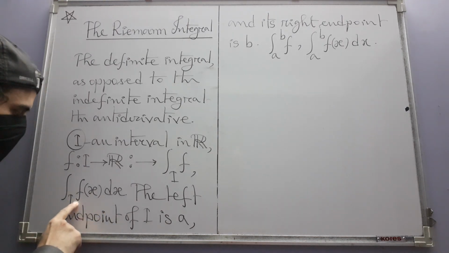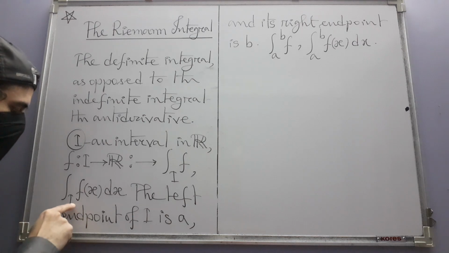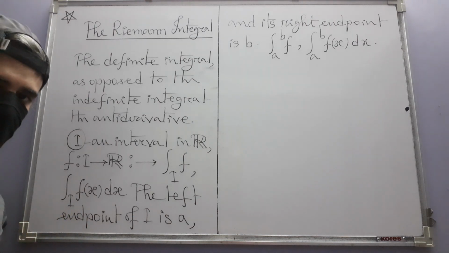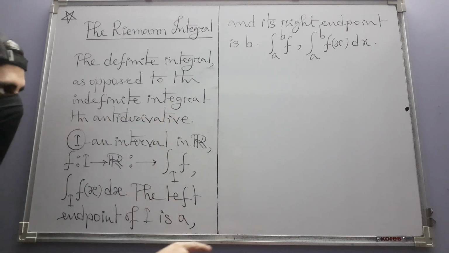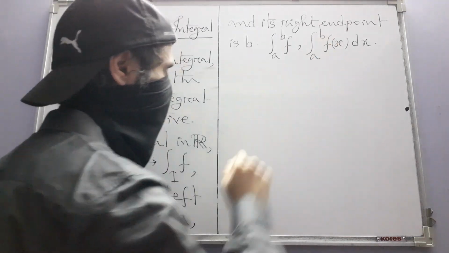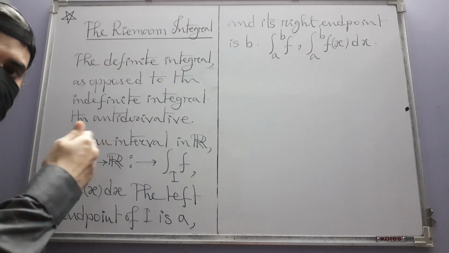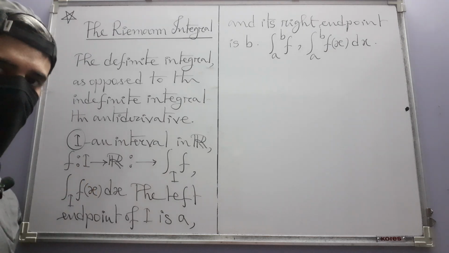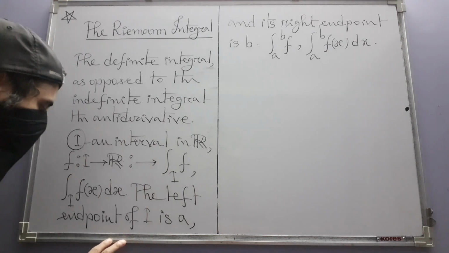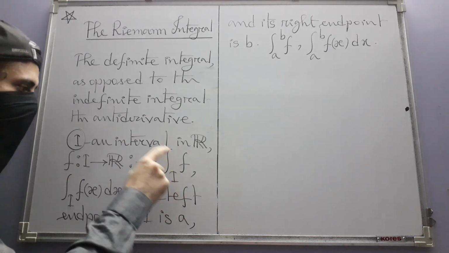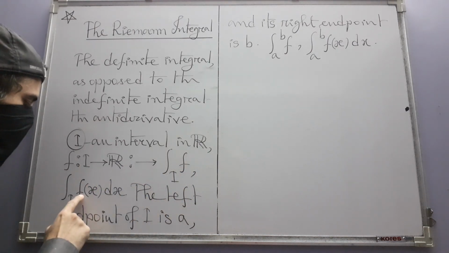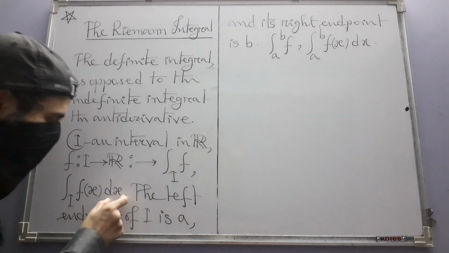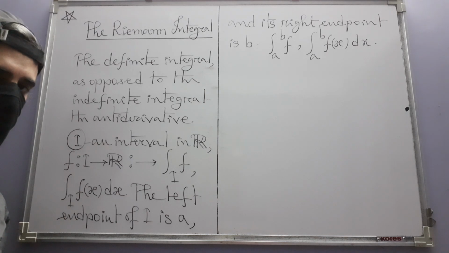We also somehow need to indicate the interval over which we are doing integration. So here you have I, or you can indicate that by writing a and b. Okay, a is the left endpoint of your interval and b is the right endpoint. Fine, and you are integrating f, so of course f has to be there. So f of x, but what is this dx?